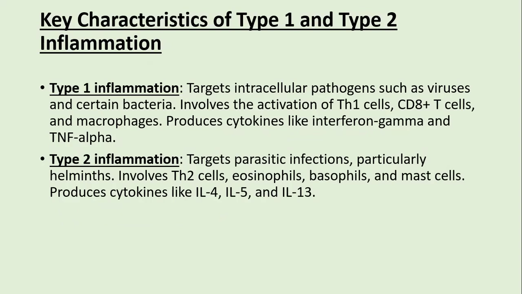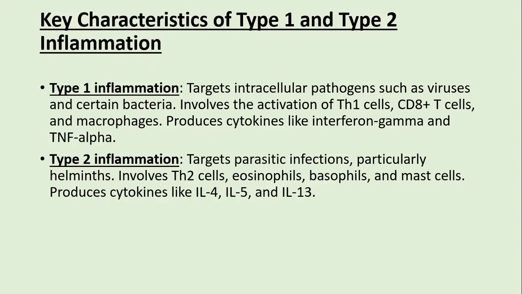Then it activates the T suppressor cells, that is CD8 positive T cells, and macrophages. So it produces the cytokines like interferon gamma and tumor necrosis factor alpha. You have to remember these few cytokines. Interferon gamma and tumor necrosis factor alpha are the main cytokines. In addition, there are other cytokines as well.